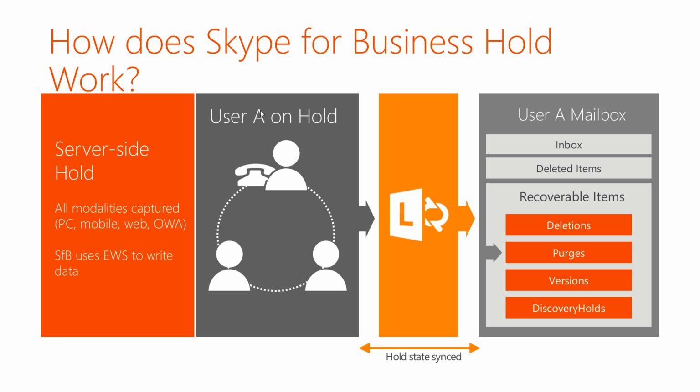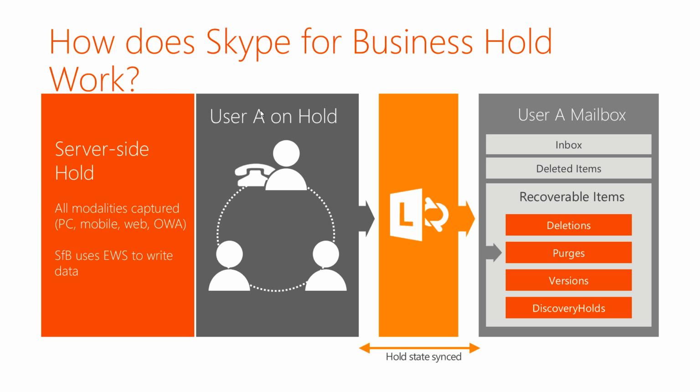In the case of Skype or Lync, we're using service-side hold technologies. So what that means is it doesn't matter what Skype for Business client the user's using. They could be on their mobile phone, on a laptop, on a desktop. Because everything is held on the service side, we capture everything.